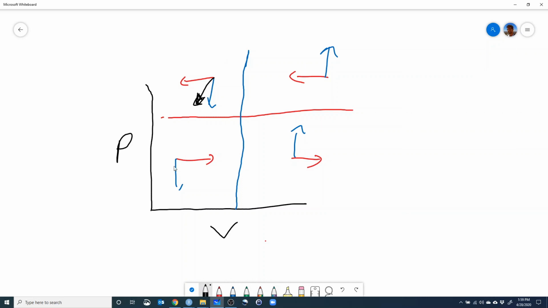And in this quadrant down here, you have very few victims, but you also have very few predators. So the predator population is still declining because there's not very many victims. And the victim population is actually able to grow because there's not very many predators. So you have this direction here. The predator population is declining because there's not enough victims, but the victim population is doing okay because there are not that many predators.